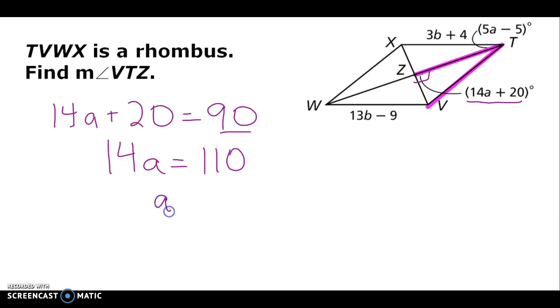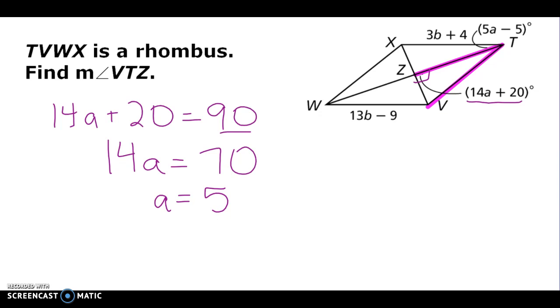What's 110 divided by 14? Put it in your calculator. Oh wait, that would be wrong. 70? You're right. So 70 divided by 14 is 5.